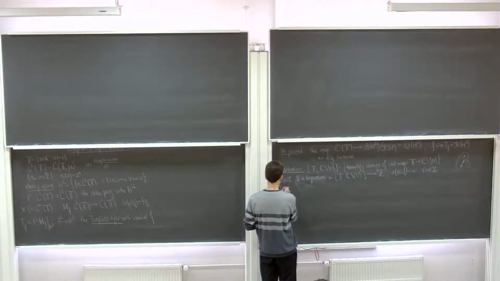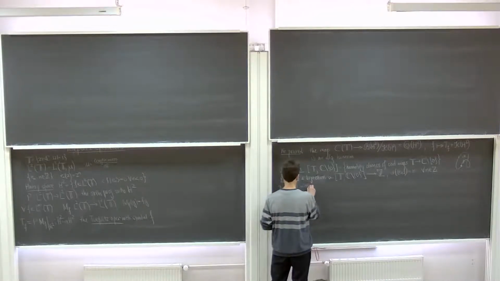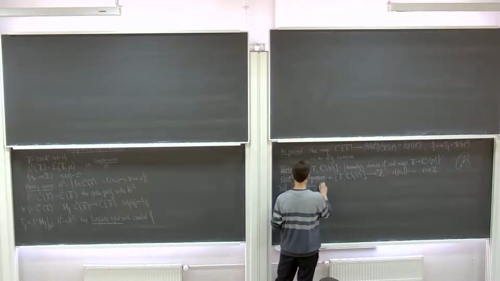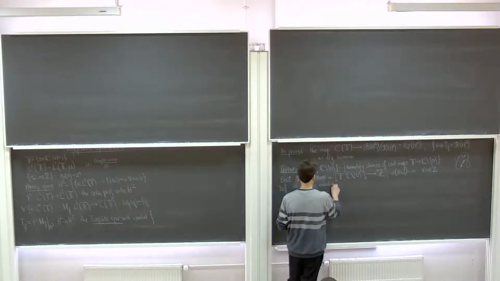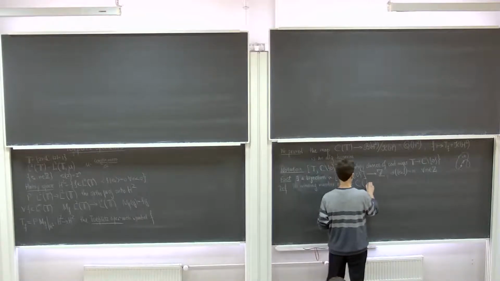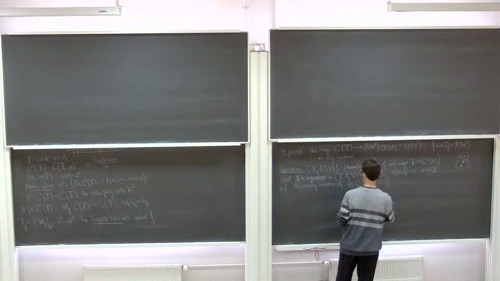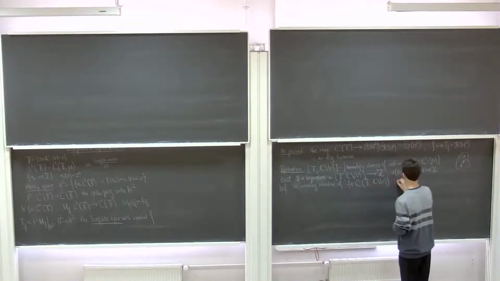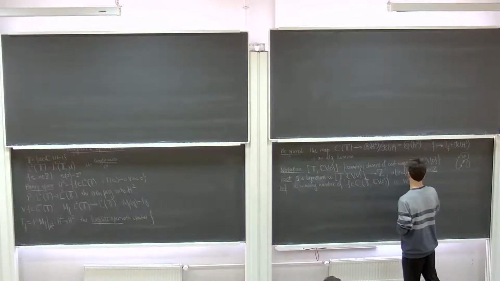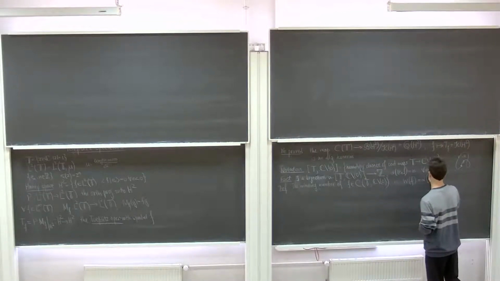And now we give the following standard definition. We define the winding number of a loop, a continuous function on the circle to the punctured complex plane, to be the image of the homotopic class of F under this bijection alpha.